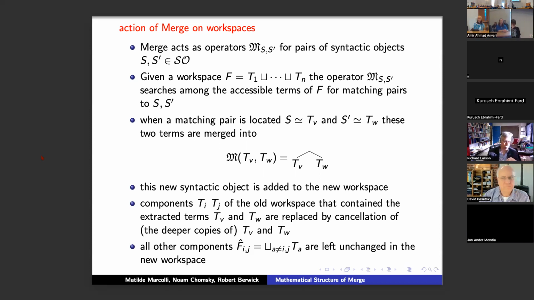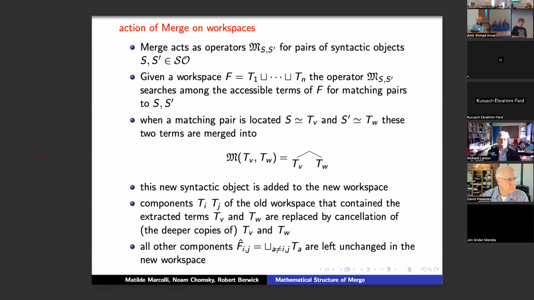So I have to describe the merge as some action that's taking a workspace as input and producing a new workspace as output. Let me first describe how the merge action on workspaces is usually described, and then say a little bit more about how you phrase it in the Hopf algebra setting.